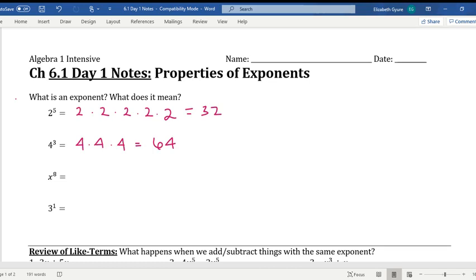Okay, well now, what if this is a variable? Remember, this is called a base, right? Is there really any difference? Oh, hi, Alex. What do you guys think: if 4 to the 3rd means 4 times itself 3 times, and 2 to the 5th means 2 times itself 5 times, what do you think x to the 8 means?